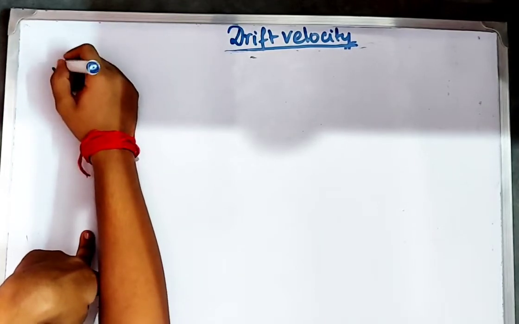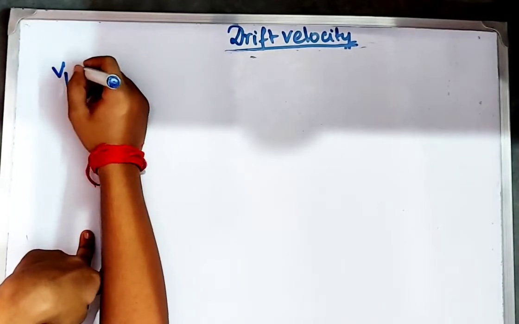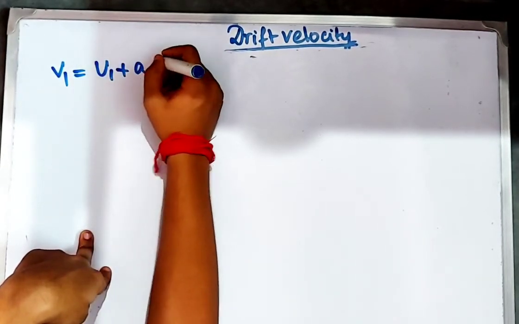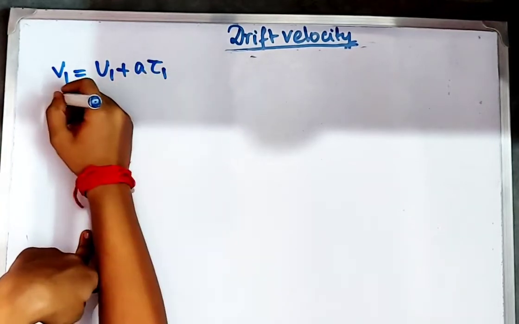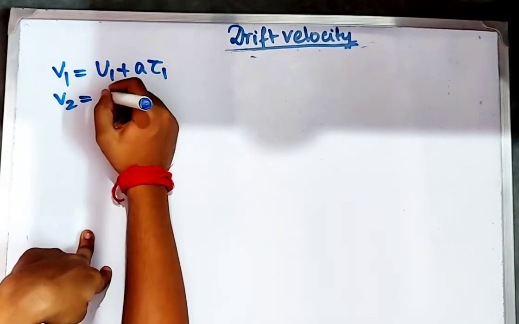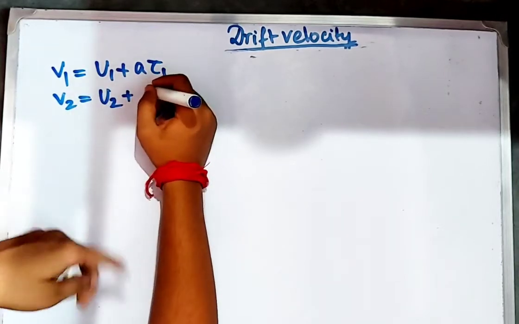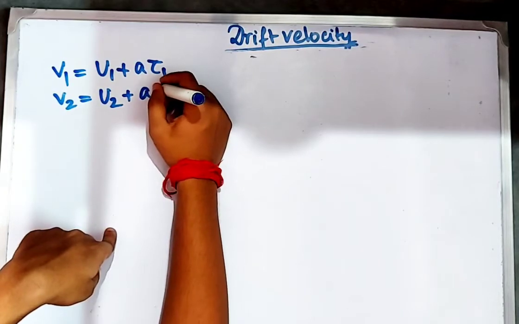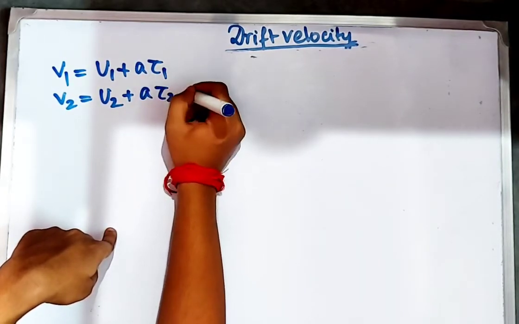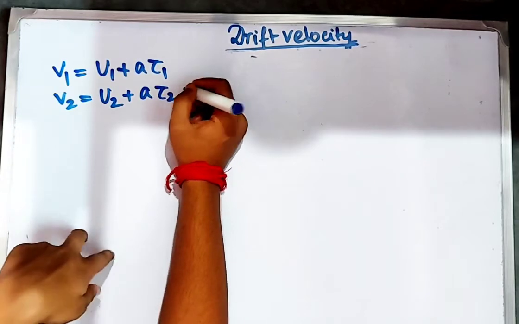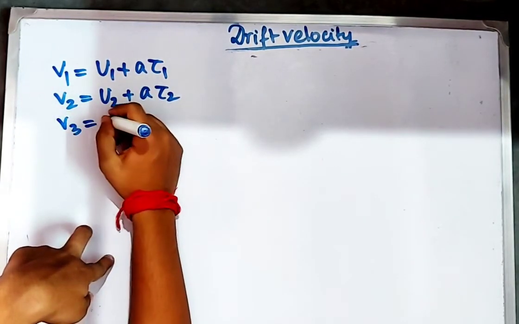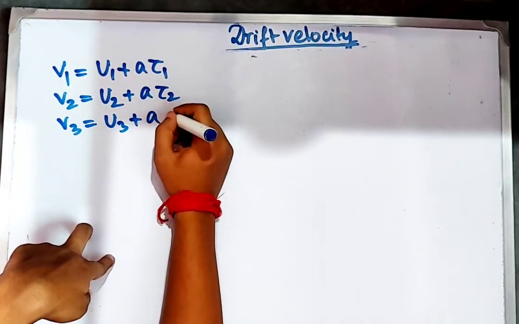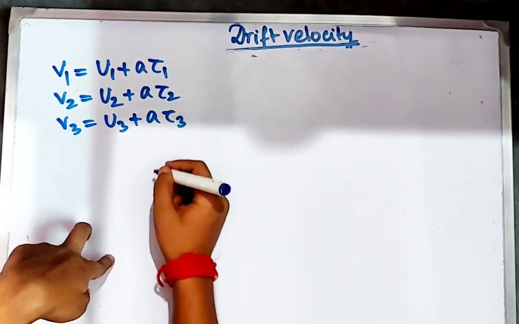For that, drift velocity was thermal velocity plus acceleration into relaxation time. For the second electron, the thermal velocity of the second electron plus acceleration and the relaxation time of the second electron. The same way, for the third electron, the drift velocity will be the thermal velocity of the third electron plus acceleration into relaxation time of the third electron.